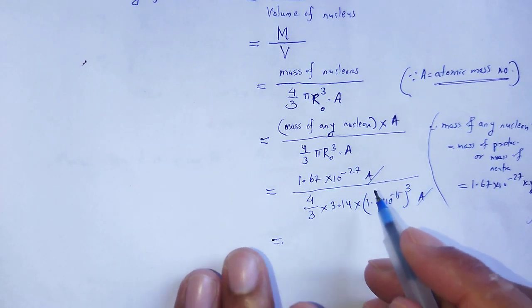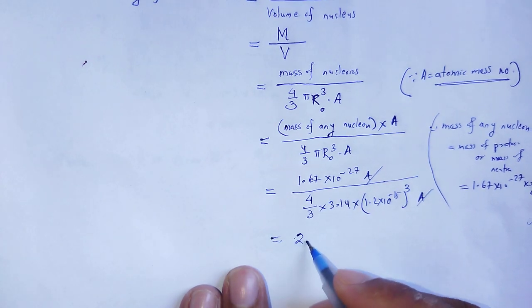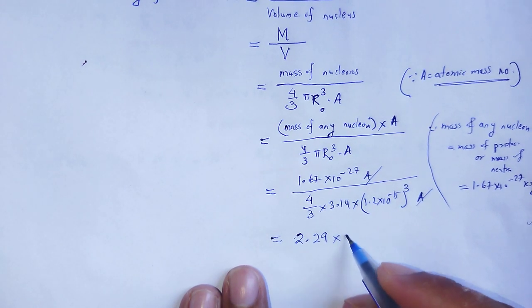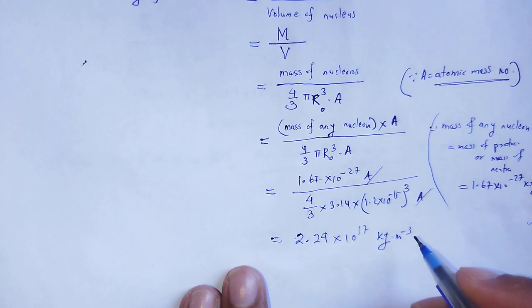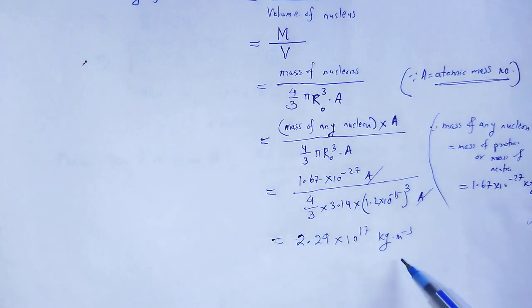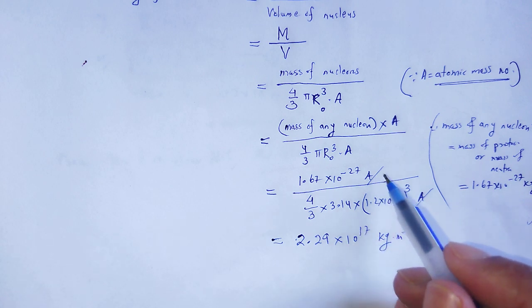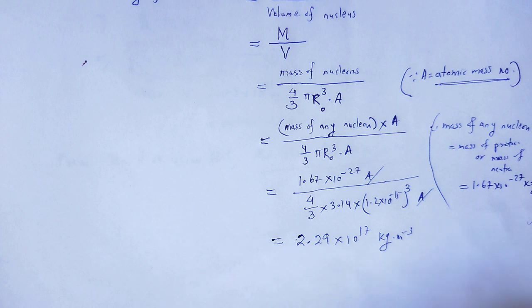Finally, we can solve it, and we have 2.29 into 10 to the power 17 kg meter minus 3, that is the density of nucleus. Look at the expression. In that expression there will be no such term of A, means atomic mass number is not there.